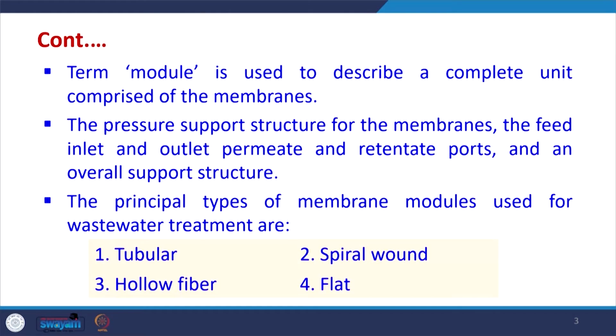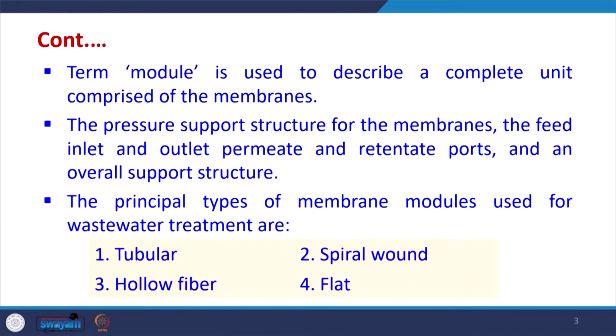The term module is used to describe a complete unit comprised of the membrane itself, the pressure support structure for the membrane, and the feed, inlet, outlet, permeate and retentate ports where the reject comes out. All these are within the support structure itself.